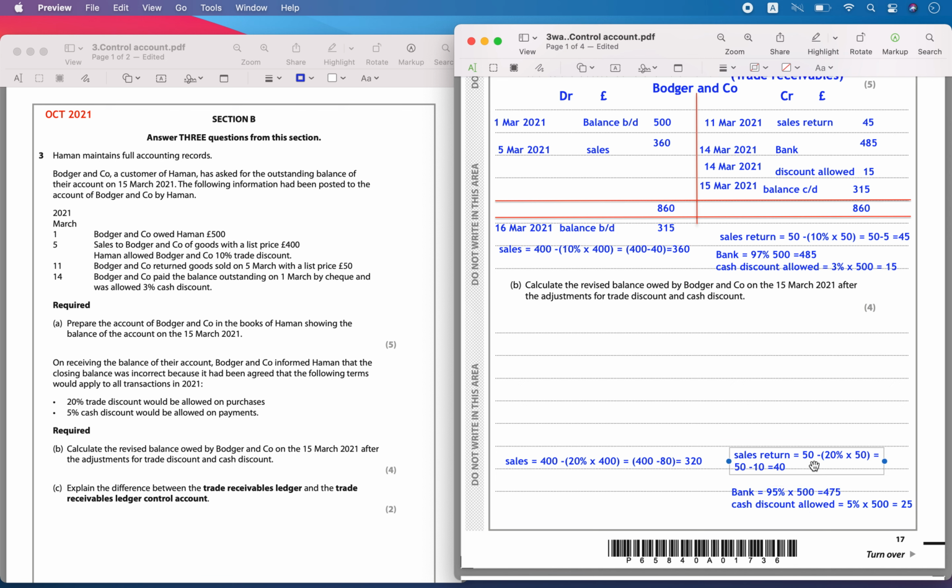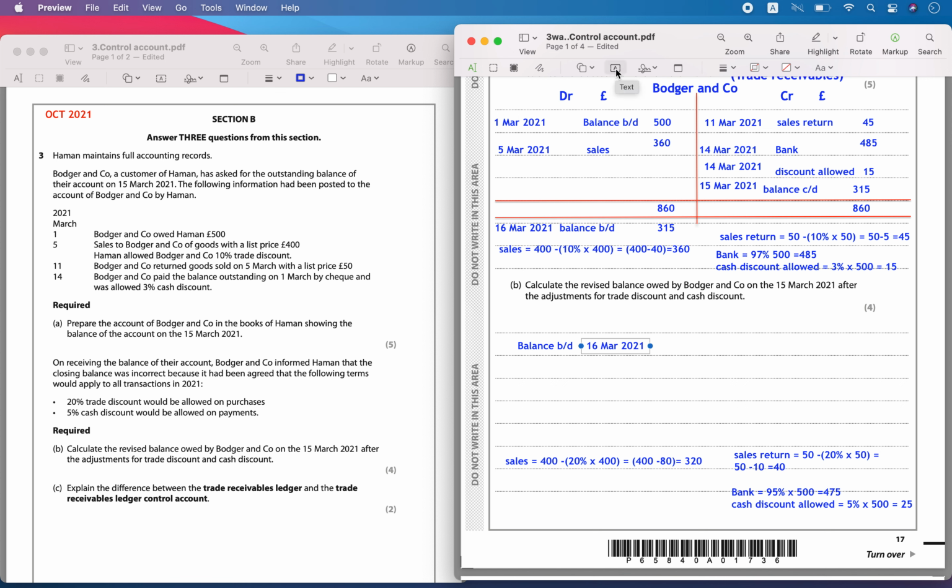Now these are the things that would have happened. Now we have to adjust, because here it was said that it was 315. Now let's start making the adjustment backwards. The outstanding balance, the balance brought down on 16th of March 2021, was 315.